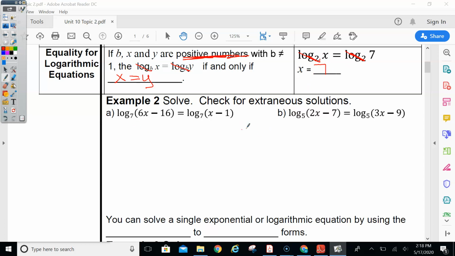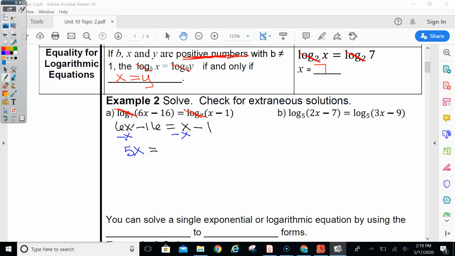But you can have more steps than that. Like right here, for example 2, the bases are both 7, so they cancel out. So you set the arguments equal: 6x minus 16 equals x minus 1. And you solve for x. Subtract x from the 6x to get 5x here.